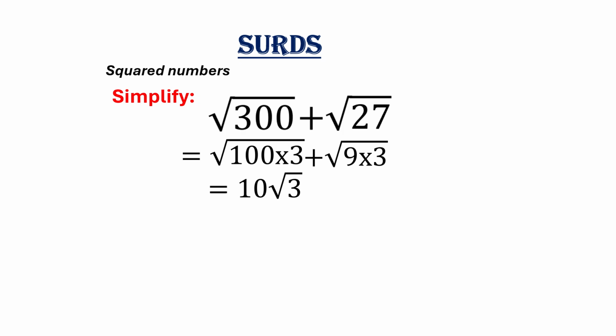Root 9 is 3, so it's going to be 3 root 3. So what's 10 root 3 plus 3 root 3? We will just do 10 plus 3, which is 13. So it's going to be 13 root 3. And that's it for this question.